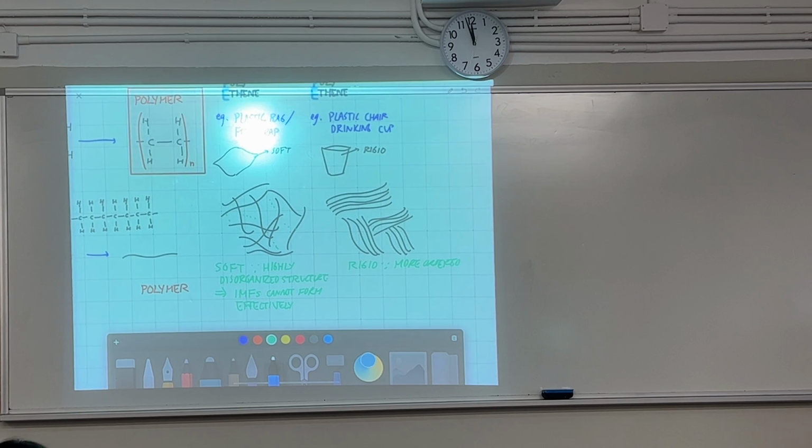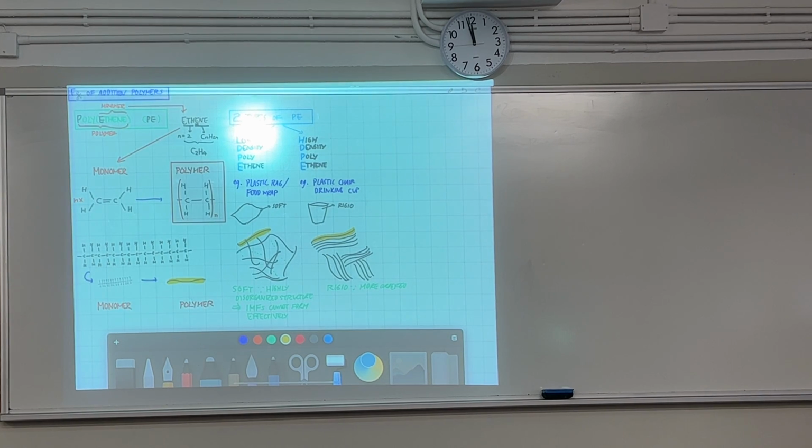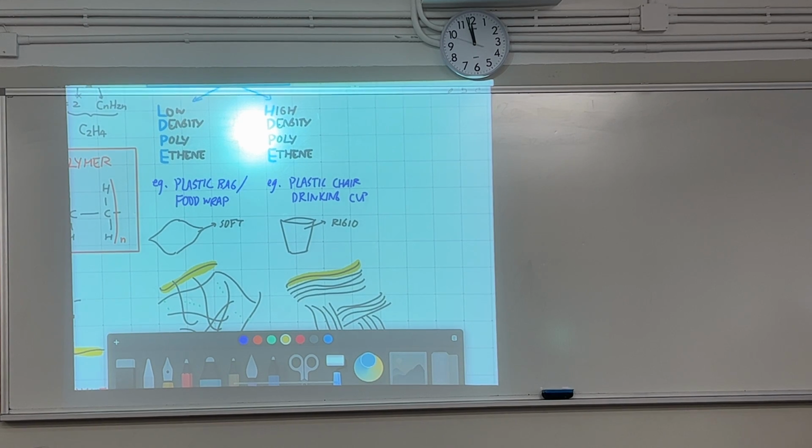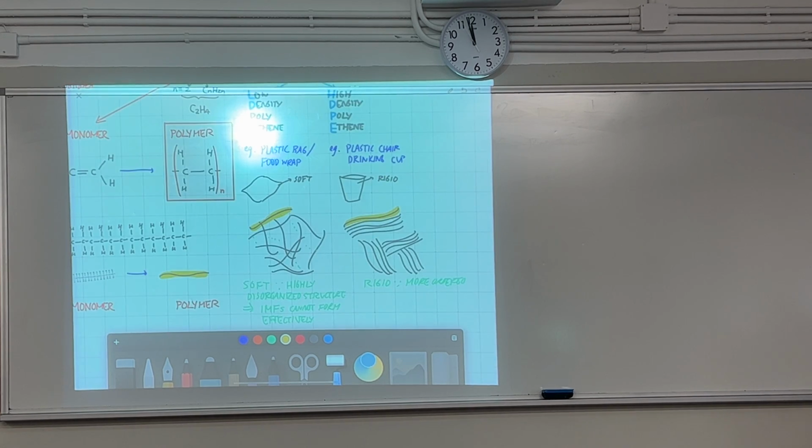Each of these fibers, like for example this one, end up forming these structures with very different properties depending on how you arrange them. If you put them together in a very high density, you get HDPE, which is used for applications like making a chair, like making the plastic drinking cup and stuff. So they are made of the same material.